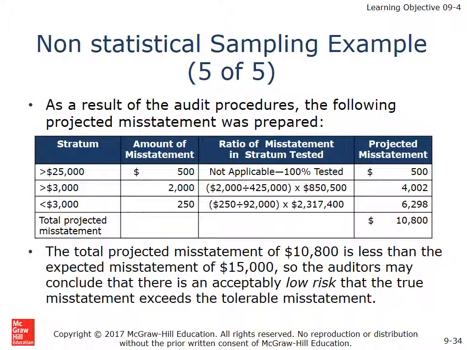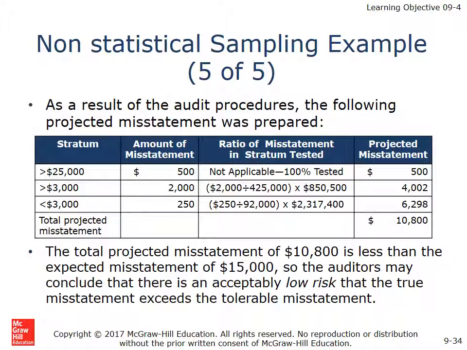Take the 2,000 divided by the dollar amount that you actually audited. So you would need to know the total customer balances that were audited, 425,000. That percentage of that sample total is the projected misstatement. For those items that were less than 3,000, there was $250 found.